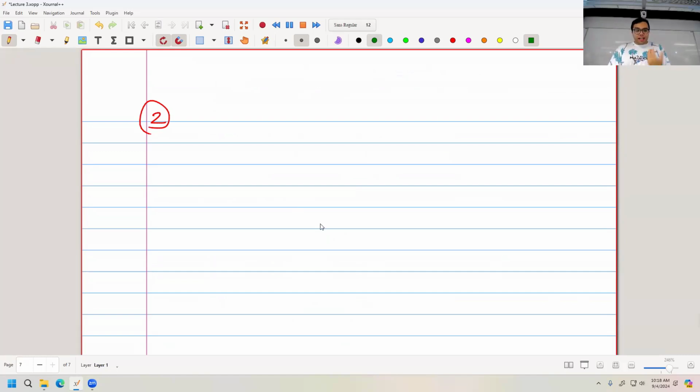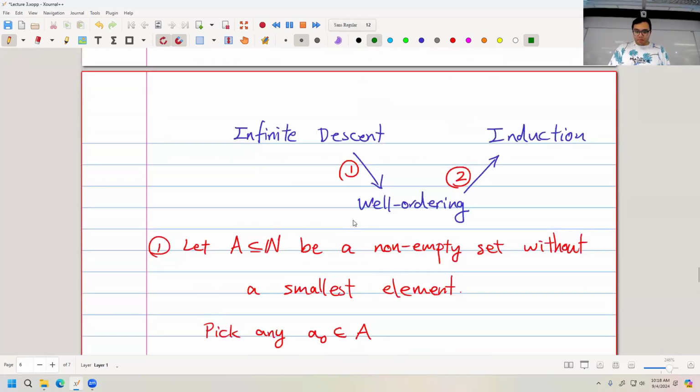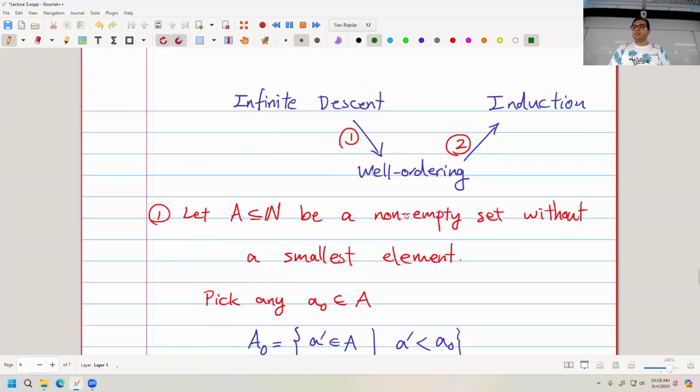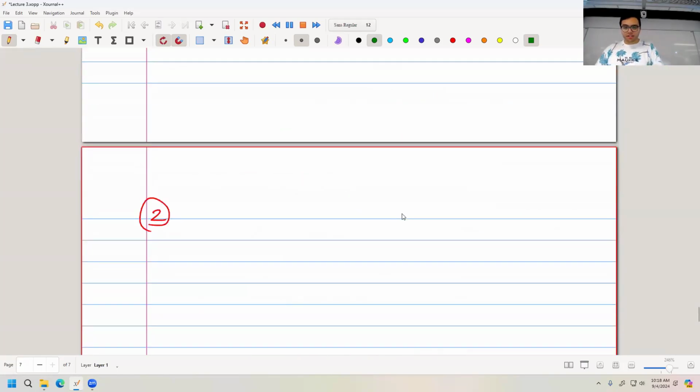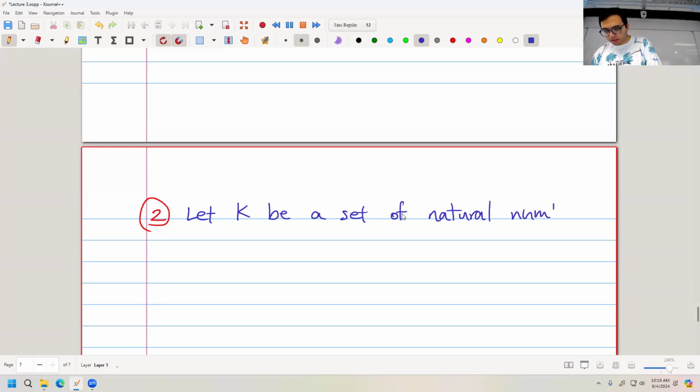So I want to prove that, but I have well ordering. Okay, so here's the thing. Let's say I consider a set K, let K be a set of natural numbers, and let's say that it satisfies those two conditions that I had in induction.